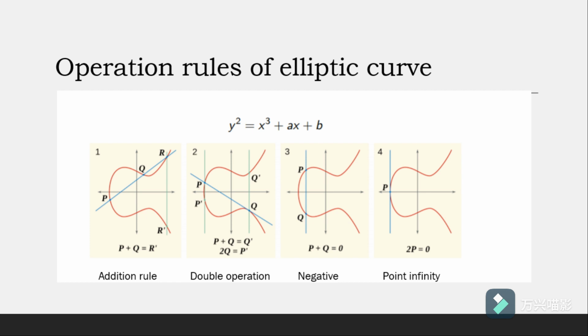For the third situation, the symmetrical position of P with respect to the x-axis is minus P, so it is the inversion operation of the sign of the elliptic curve. If P plus minus P equals 0, the line passing through P is parallel to the y-axis, so it can be considered that the line and the elliptic curve intersect at infinity.